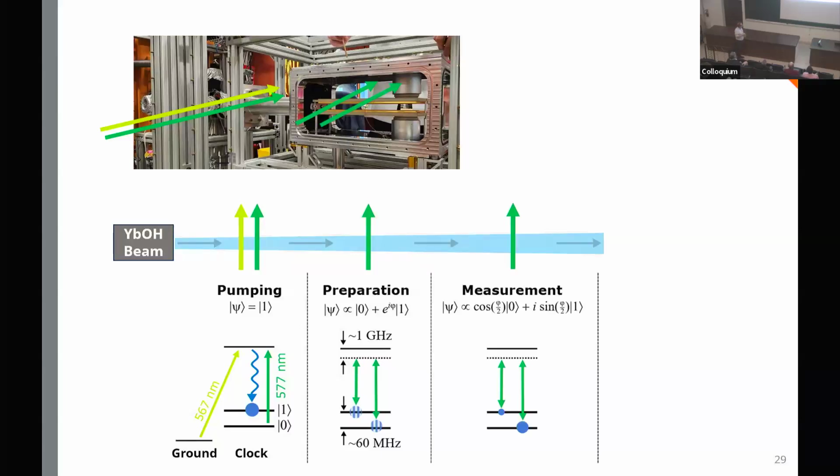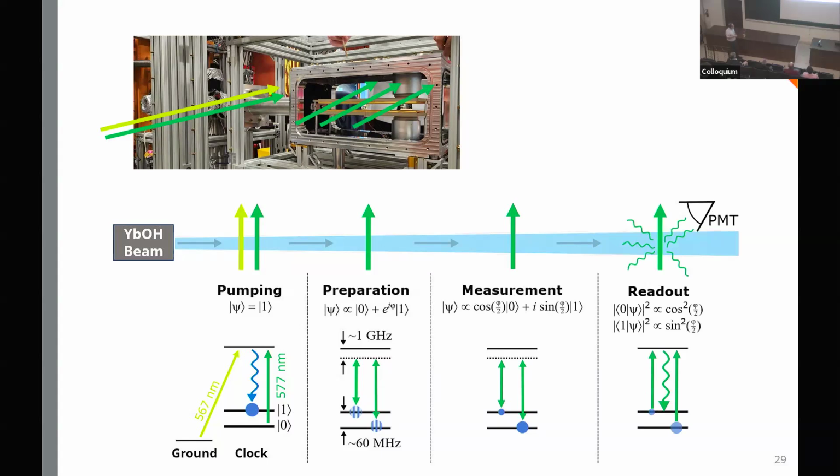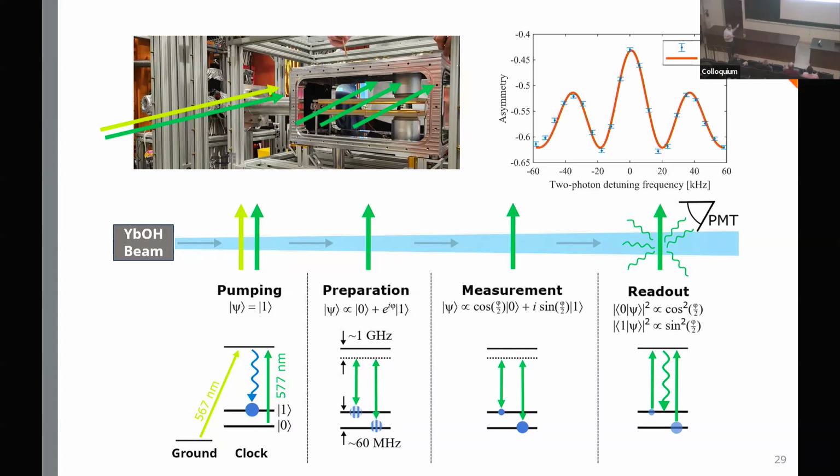We let them interfere with each other, and then we apply another pulse to map the phase onto population, and then we scatter photons off the molecules to reconstruct the population and therefore the phase. So it's a fairly standard Ramsey type measurement if you're familiar with those, and we can see the characteristic oscillations or Ramsey fringes from these states interfering with each other.